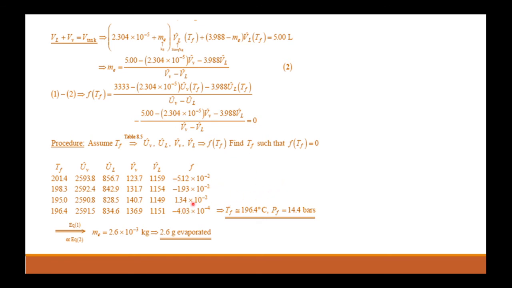So even if the value is not really close to 0, you may stop here. You can consider this as 0 because this is 10 to the power of negative, which is quite close to 0 as well. But you may still get marks. It may not be close, but the steps are what's important.